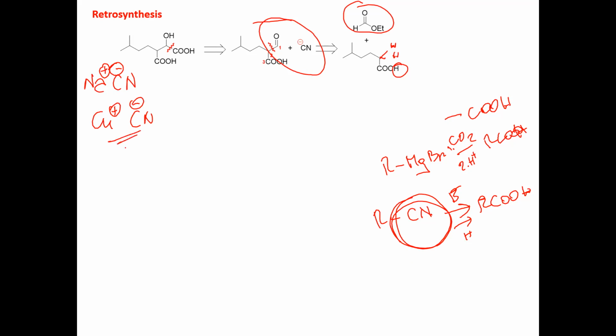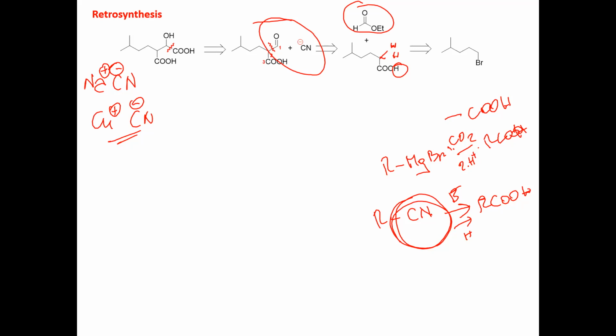This one, I can eat it without dying. Please don't do that anyway, just in case. But the copper cyanide is far less toxic than the sodium or the potassium cyanide. But on the paper, if you have to use it at the exam, use sodium cyanide as much as you want. The paper is never toxic. Well, don't eat it anyway.